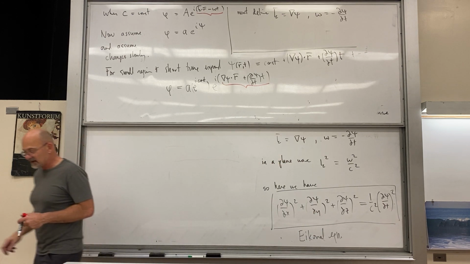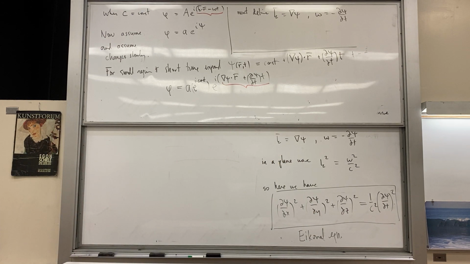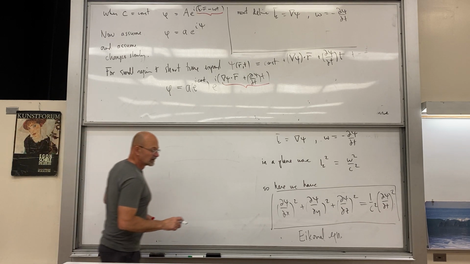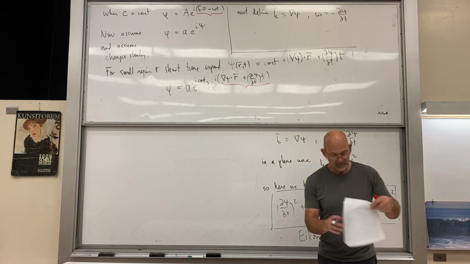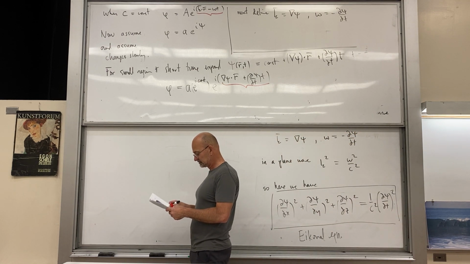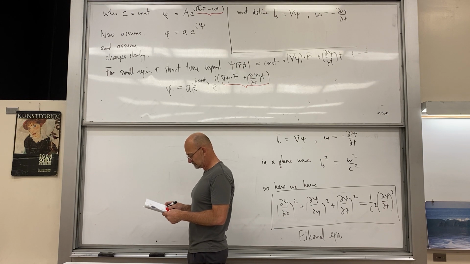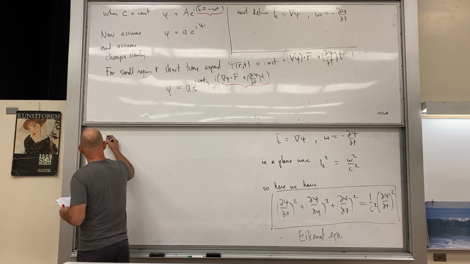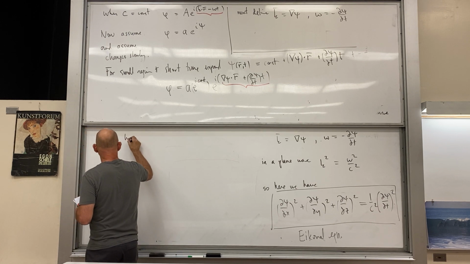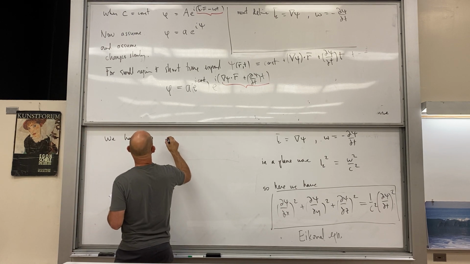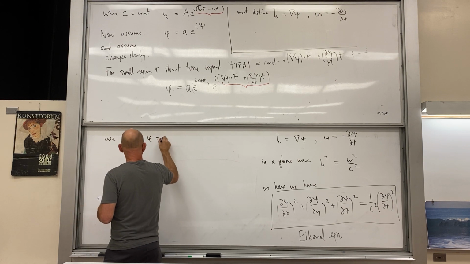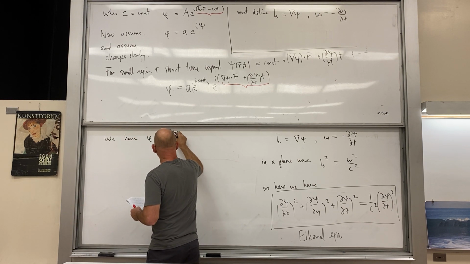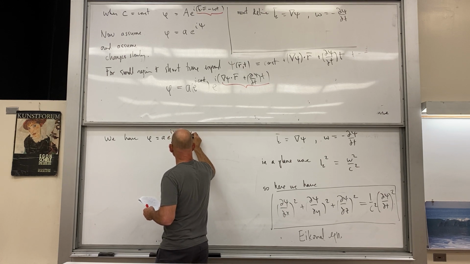Again, I better check the time. Okay. So let's put these things together. So we have phi equals A e to the i C of x, y, z, and t.